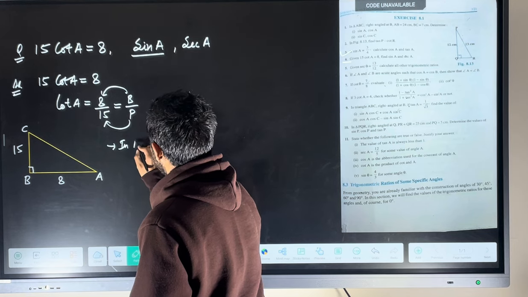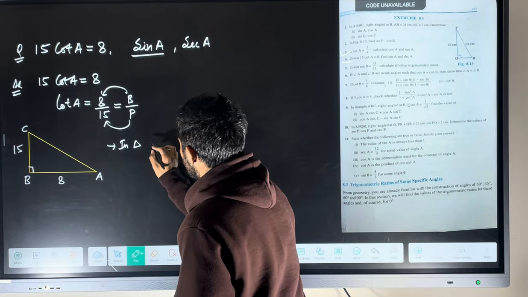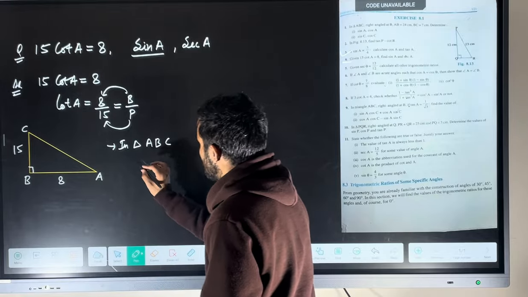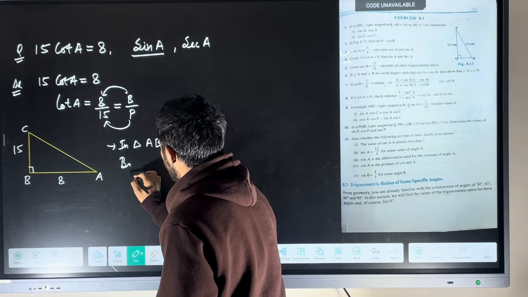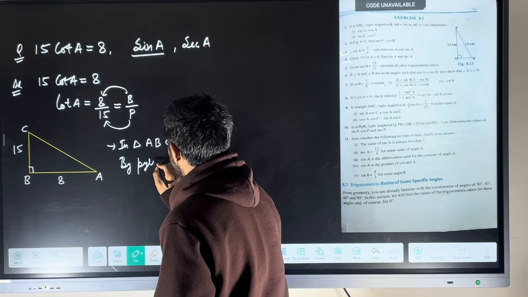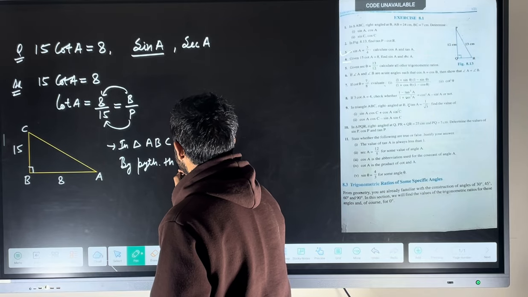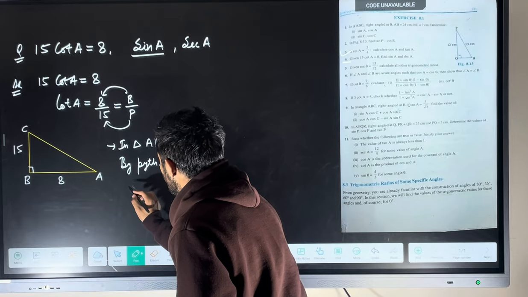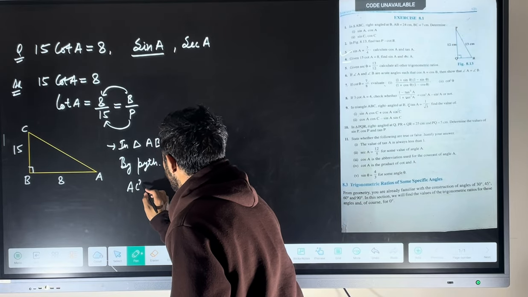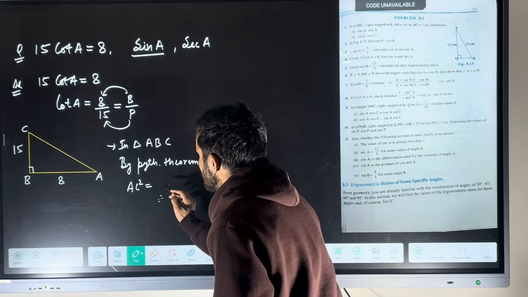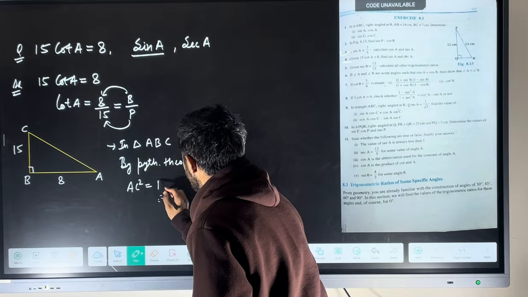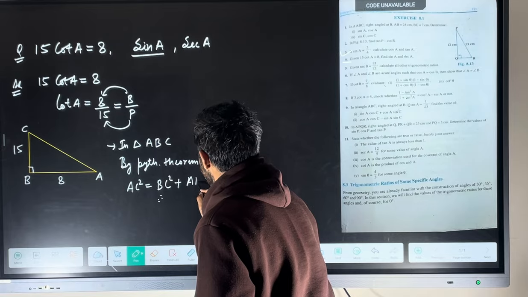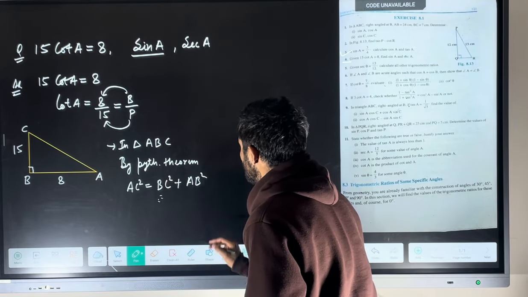In triangle ABC, by Pythagoras theorem, AC square, that is hypotenuse square, is equal to perpendicular, that is BC square, plus base, that is AB square.